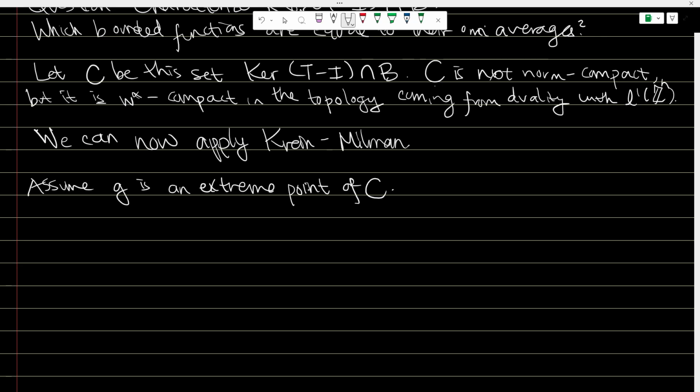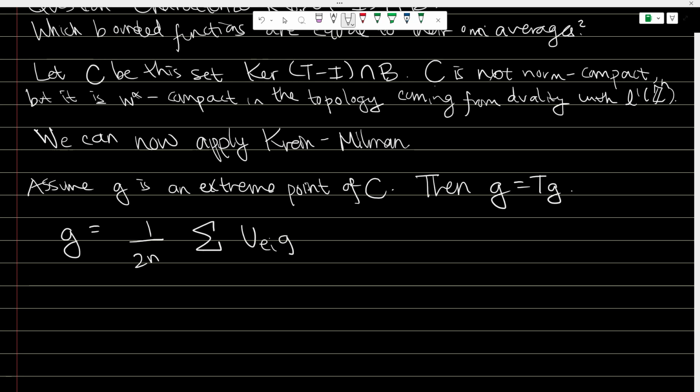So G is an extreme point, so G is going to equal TG. So in particular, G is going to equal this big sum, 1 over 2n, sum of U_{e_i}G plus U_{negative e_i}G.